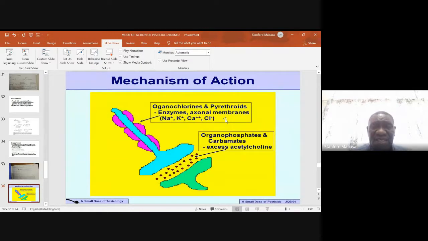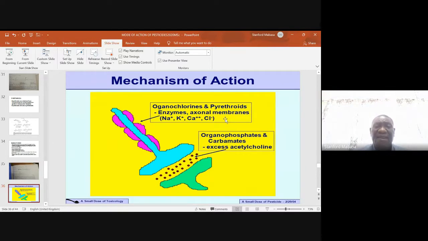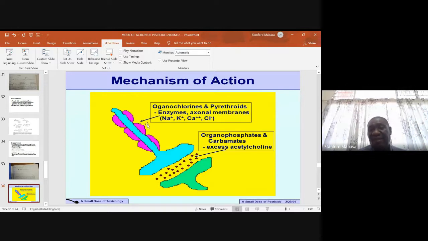If I could just summarize the action of organochlorines and pyrethroids, they can affect this part of the nervous system. Normally, they are affecting the movement of sodium and potassium, which influence the signal transmission.